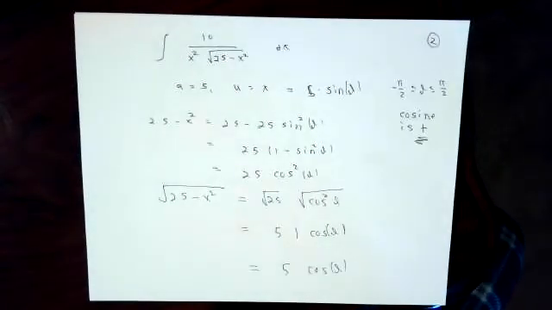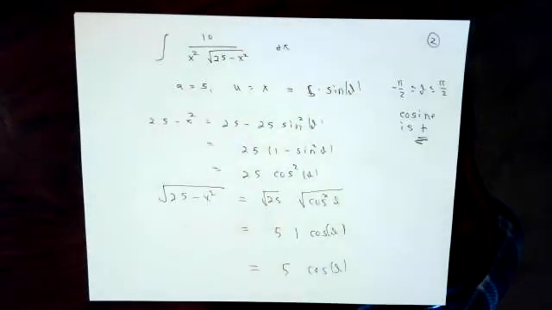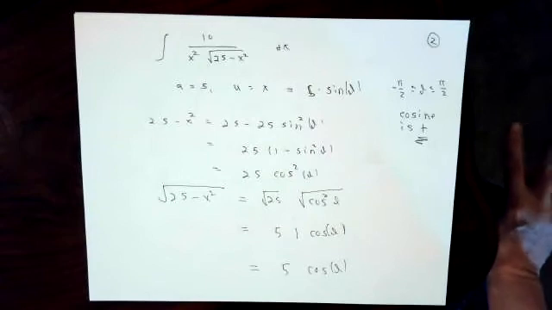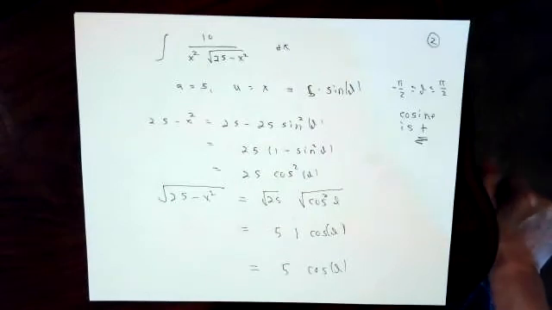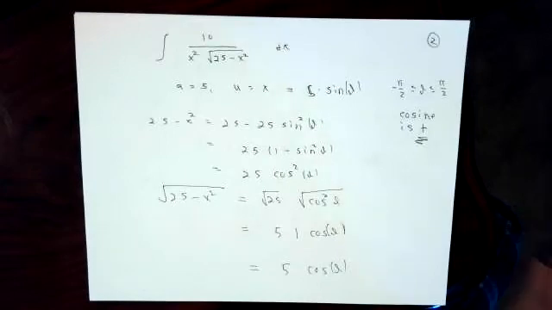As an example, let's look at the integral of 10 over x squared radical 25 minus x squared with respect to x. Looking at the pattern, a should be 5, so that this number is a squared. My u will just be x, and I'm going to make that equal to 5 times sine of theta, where theta is in this nice range of theta values.